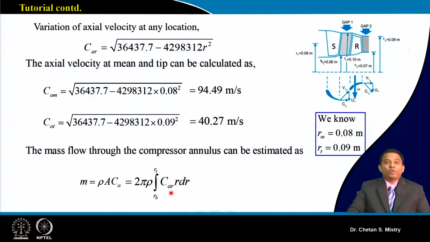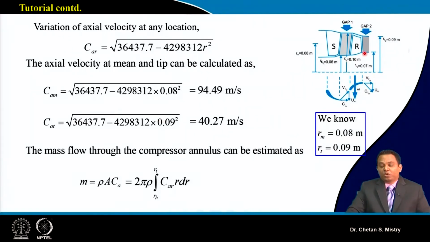Okay. And we know our axial velocity is also varying with the radius. So be careful. Straightaway do not try to put this equation as pi by 4 into d tip square minus d hub square. Be careful, because here we do not have any information about how my axial velocity varies, and once we have calculated, we realize our axial velocity is varying with the radius.